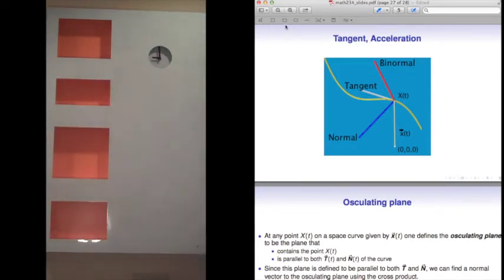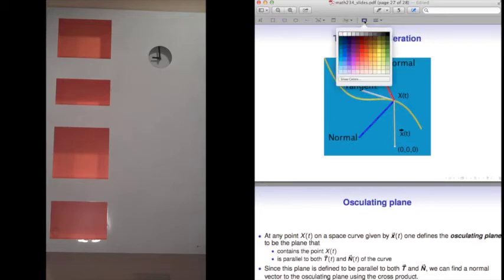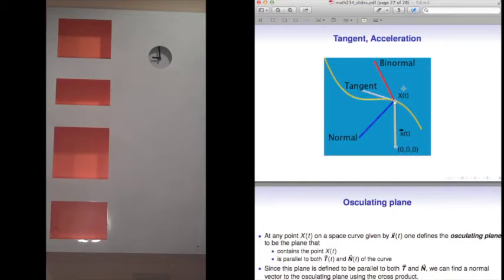So let's see if I can come over to the slides here. Right, so we have learned about the position vector. So let me get a pencil and I'll draw that in white. Right, so here is my position vector that I'm working with.